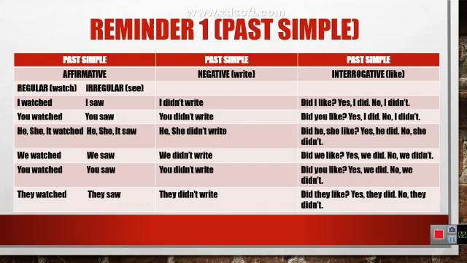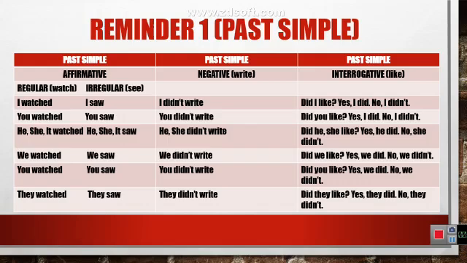If the verb is regular like watch, you add ed to the end of the verb. If the verb is irregular like see, you have to go back to the list of irregular verbs I gave you at the beginning of the year. For example, see becomes saw.